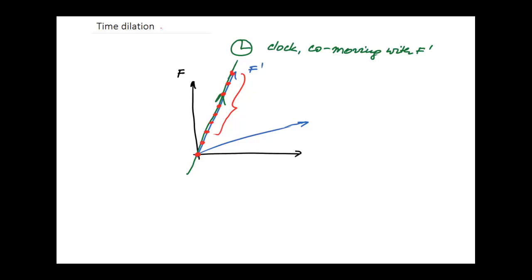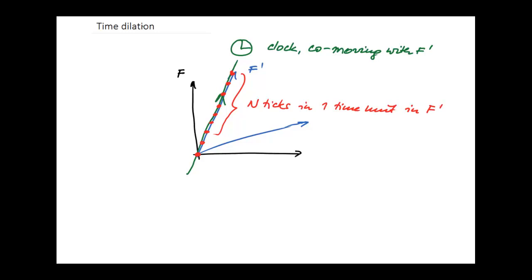And in this time unit, the clock ticks n times. So n ticks in one time unit in F primed.